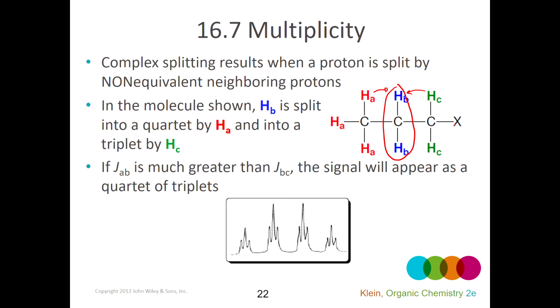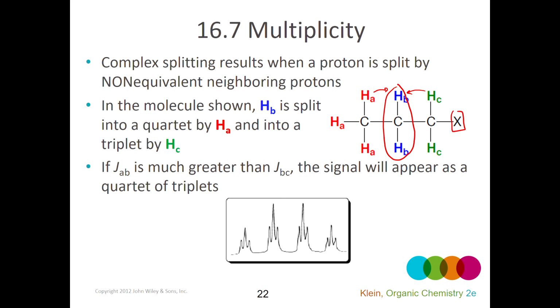There's no symmetry here, right? X could be some other grouping, but there's an X over here, and here there's a hydrogen. So I don't have a symmetry. The molecule's not symmetrical. It creates a situation where HA has a different environment from HC.